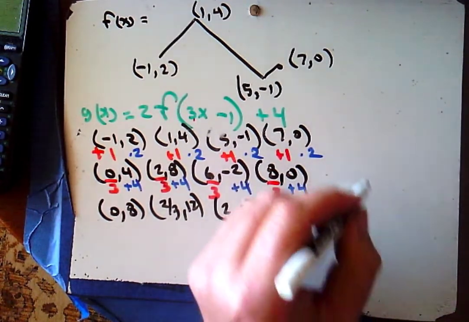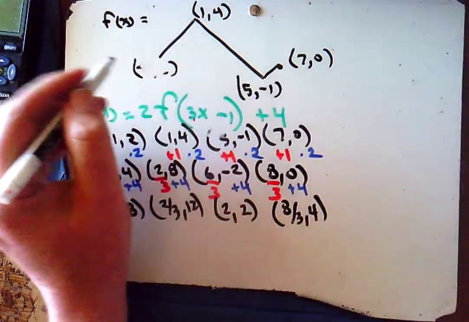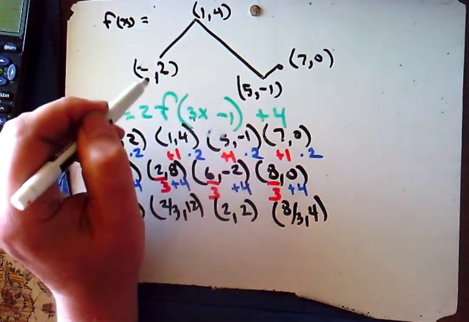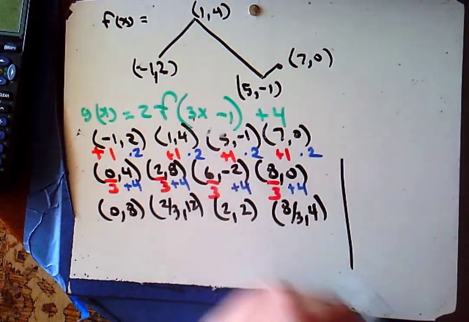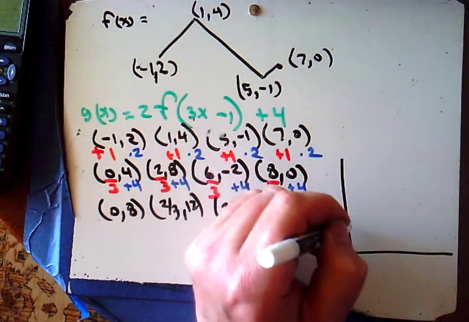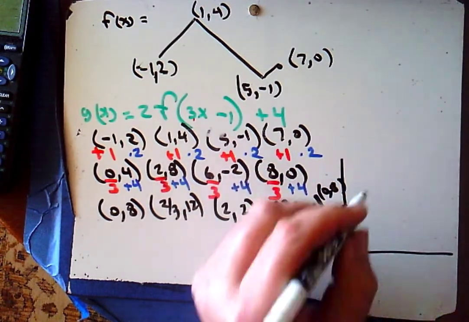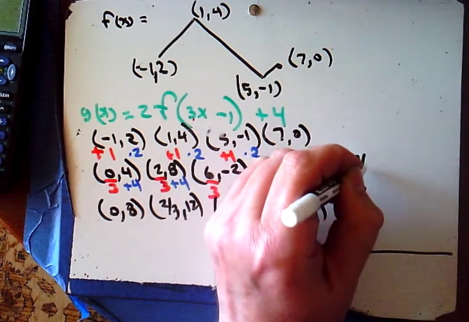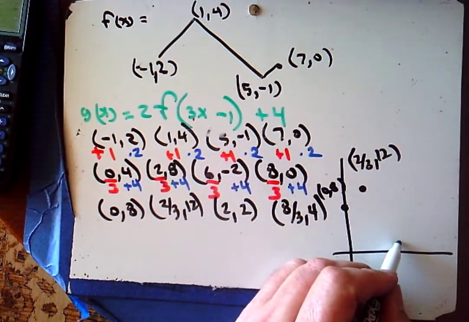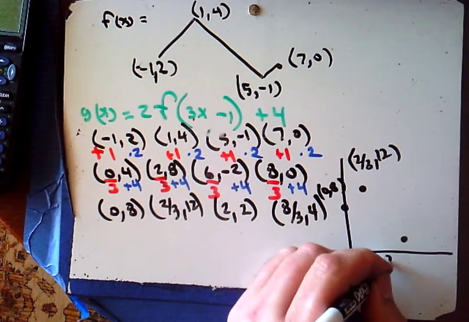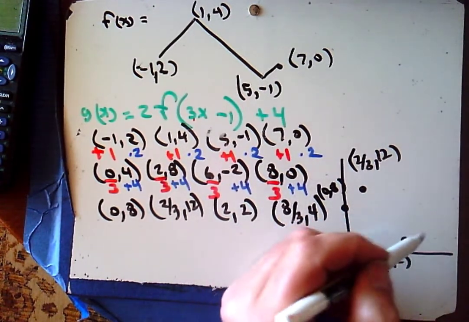Okay, so this is what I want to do. Oh no, I'm not going to do that because I'll forget what points we're using. But I kind of just want to relabel this picture. Let's see what I can do. (0, 8), (2/3, 12), (2, 2), and (8/3, which is 2 and 2/3, 4).